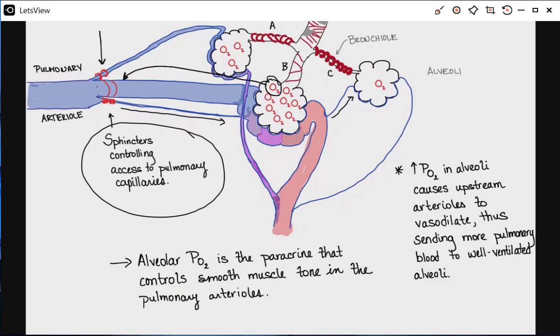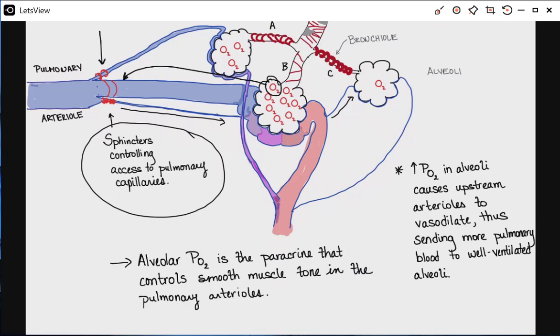We've seen smooth muscle tone be regulated by another gas, and that is CO2, whereas oxygen gas acts as a paracrine that largely controls the smooth muscle around the arterioles. Recall from a prior lecture that smooth muscle around the bronchioles can be affected by CO2 levels.